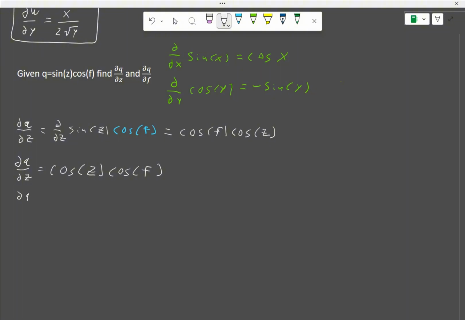Now, the derivative of function q with respect to f, we will treat the sine as a constant now, so we'll say the derivative with respect to f times sine z, and the cosine f will be our variable.